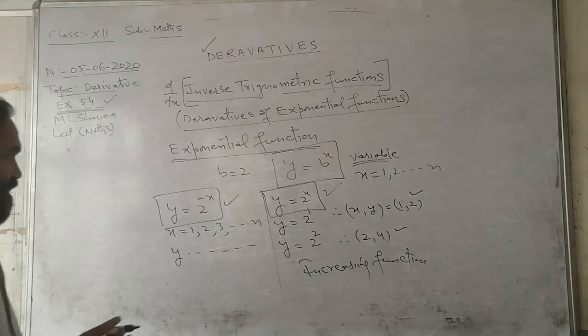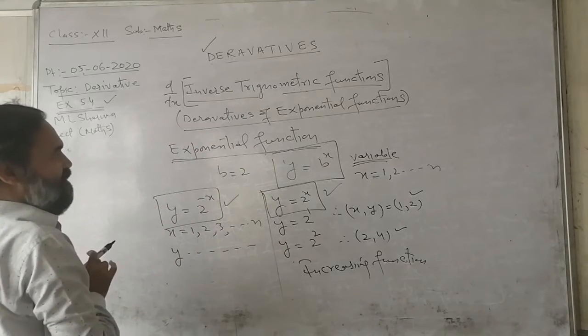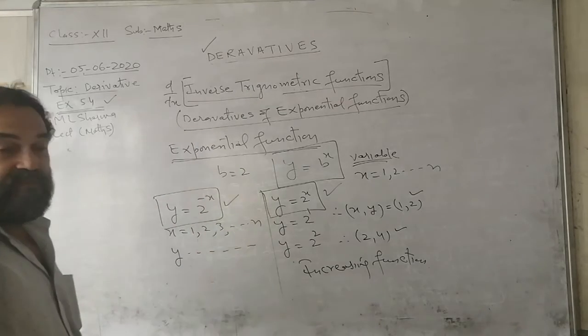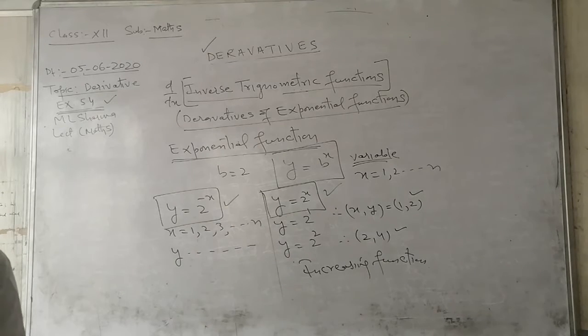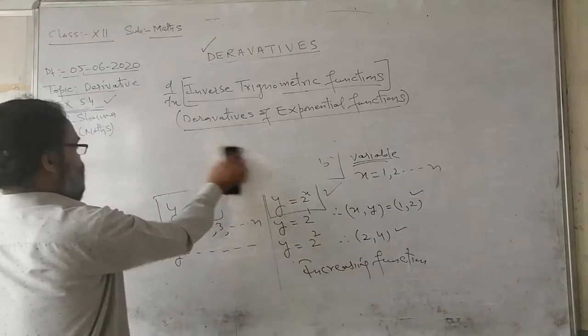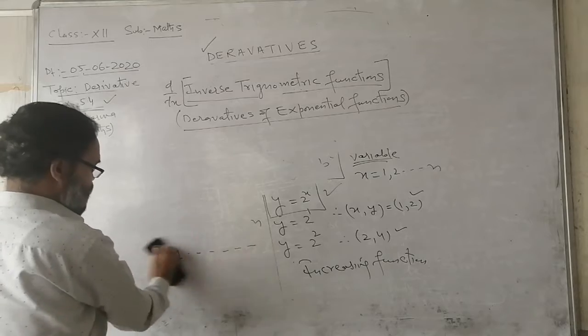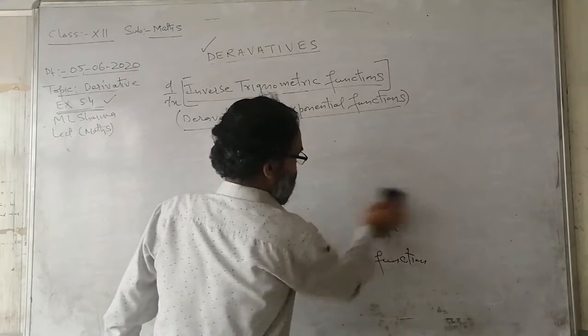Today I am going to show how we find the derivative of an exponential function. This is exercise 5.4 in your book. Let us see how we differentiate an exponential function.